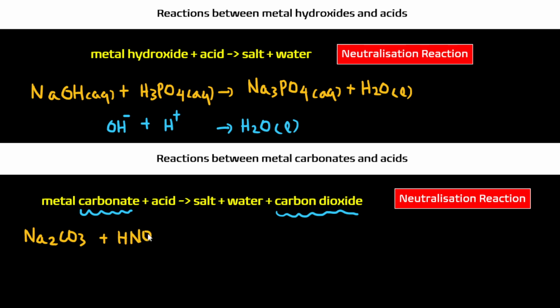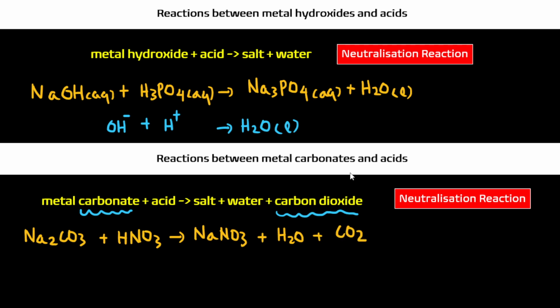Or let's try writing nitric acid this time. Okay, so what salt will we produce here? Sodium nitrate, NaNO3, plus water, and finally we would have carbon dioxide.